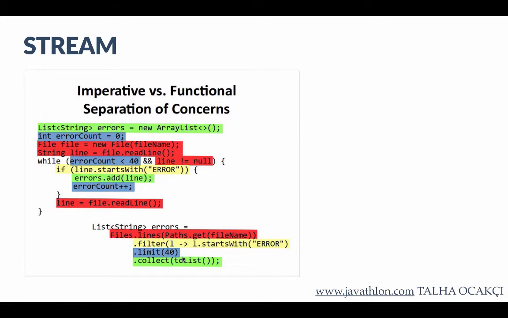Okay? After all of the lines have been collected, these lines will be transformed into a list. So the result of these chained operations is a list of strings. There will be 40 items. This point is important. All of these lines get to you one by one, not at once.